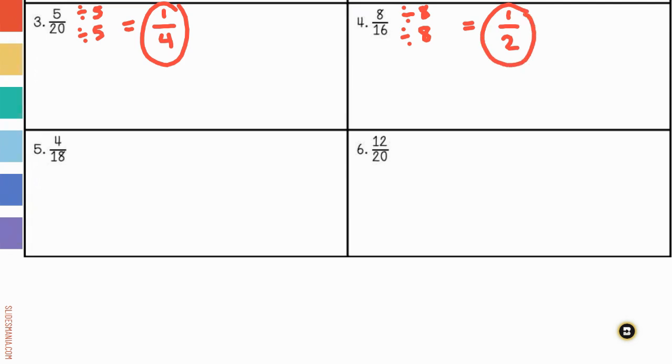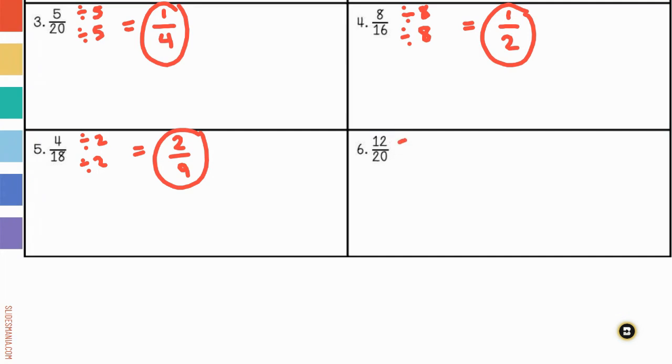And then 4 over 18. Greatest common factor for this one is going to be 2. So we get 4 divided by 2 is 2. 18 divided by 2 is 9. Number 6, 12 over 20.